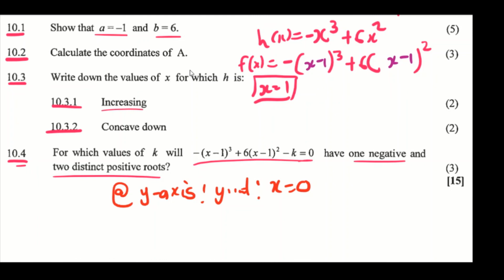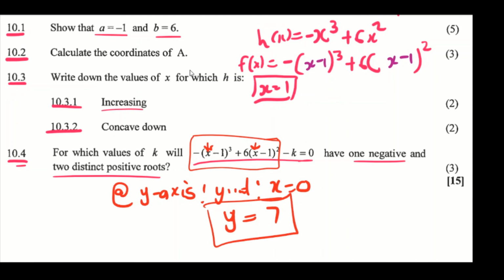So for me to find the y-intercept of this portion here, I'm going to place x being equal to 0. So I did that and found y being equal to 7, right? So if you substitute negative (0 minus 1) cubed plus 6 into (0 minus 1) squared, right? So okay, this is 0 minus 1, not 1, hence we'll get the value of 7.